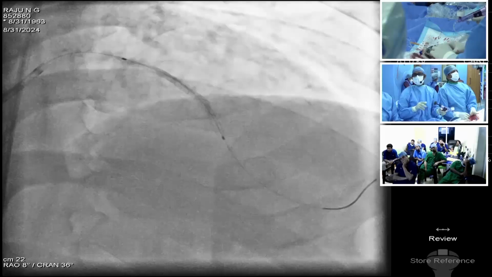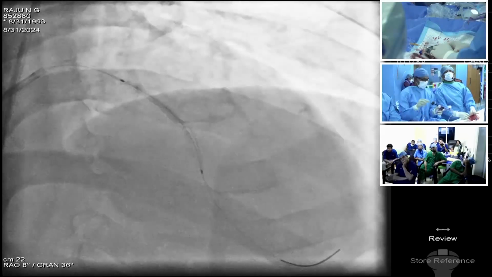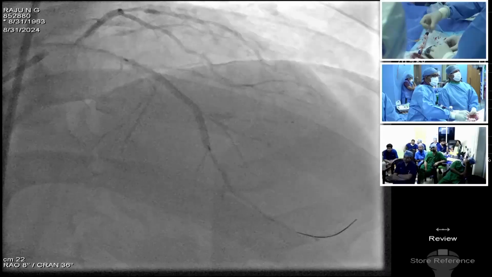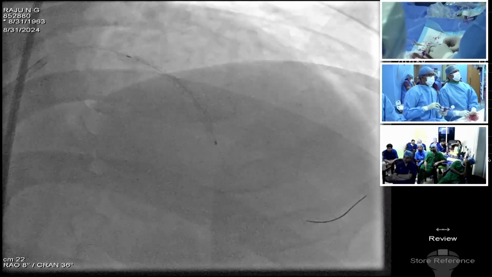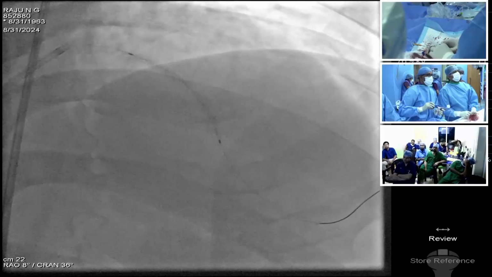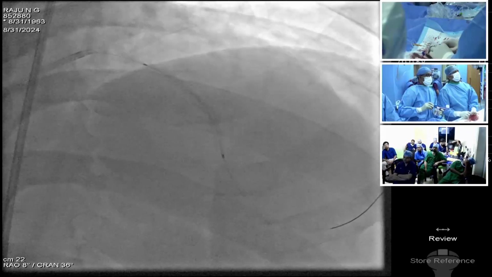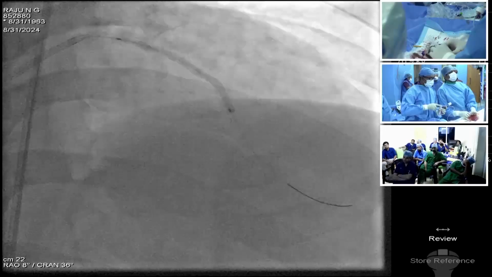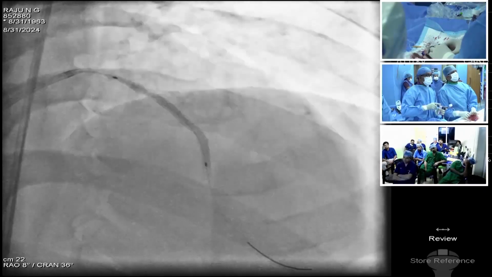We'll be happy with this expansion at least. ഒരു അല്പ പുൾ ബാക്ക് ചെയ്ത് 16, 18. Okay. We'll pull back the wire also a little bit. 14, 16, and 18. Okay.